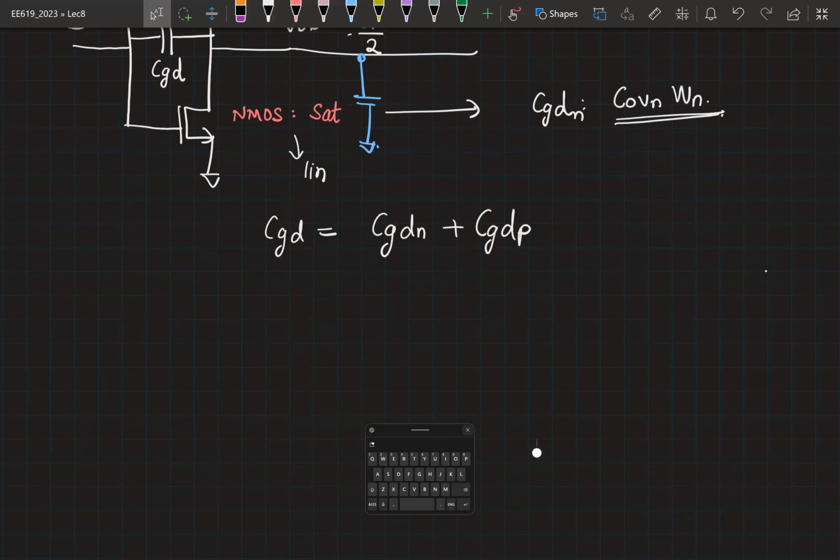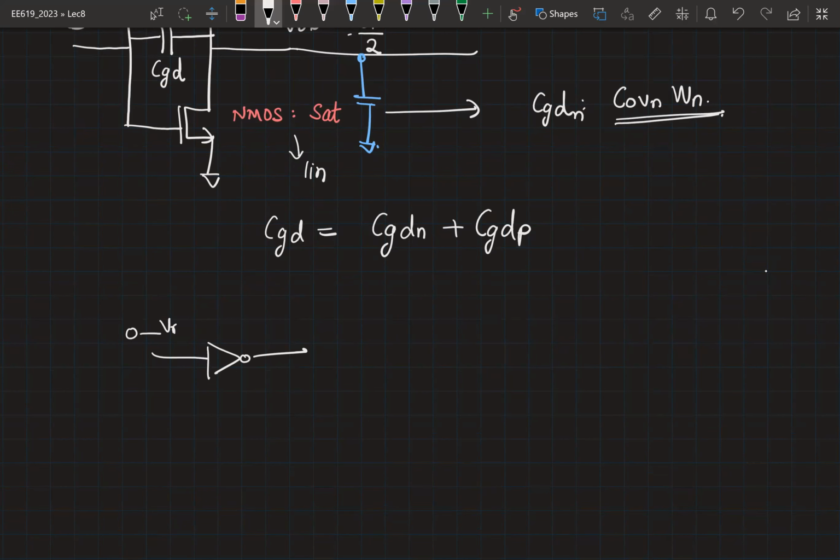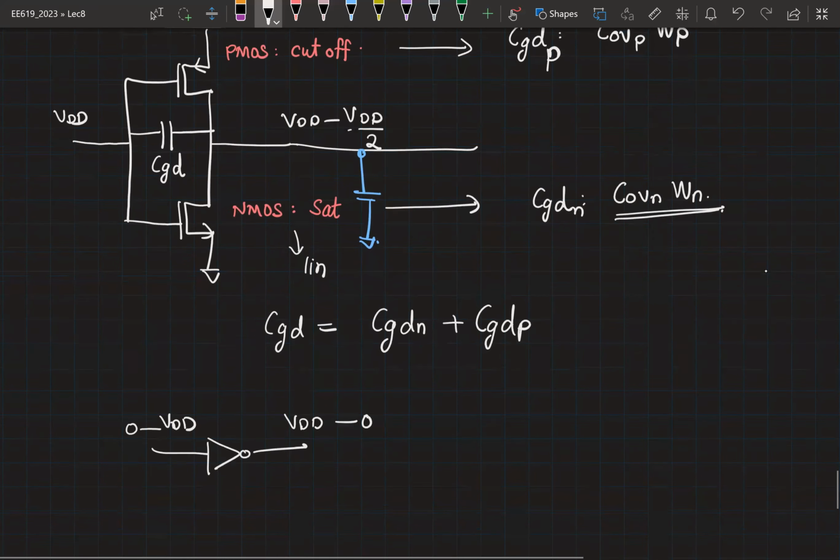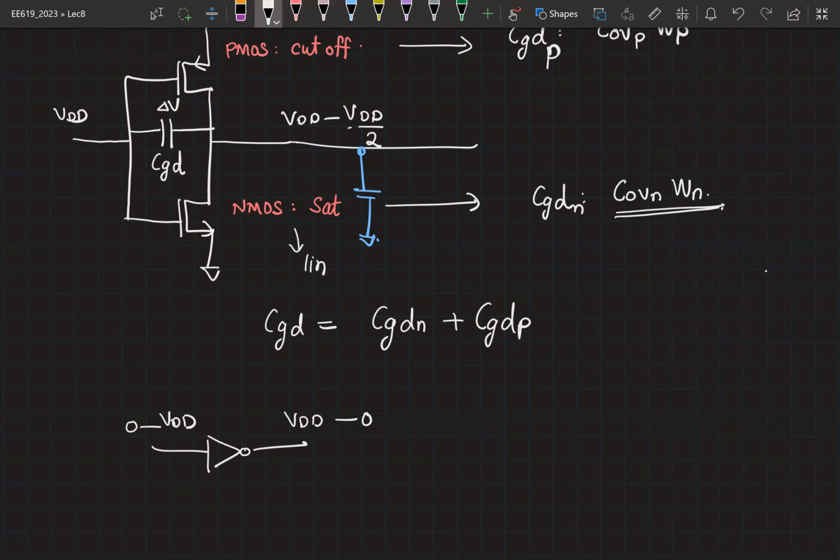Let's say I look at this inverter, right? As my input goes from 0 to VDD, the output is going from VDD to 0. Right? So what is the change delta V seen across this capacitor? Delta V in this direction.